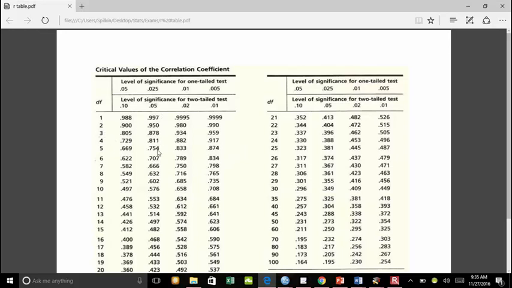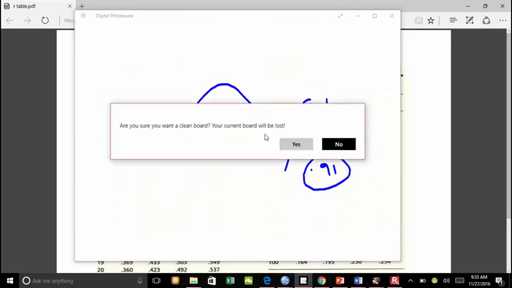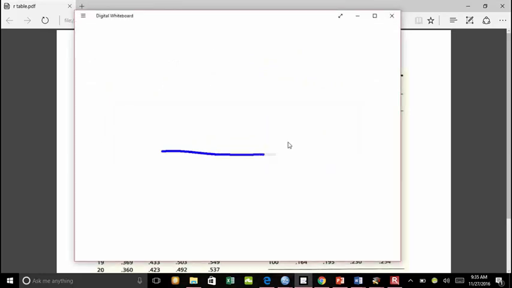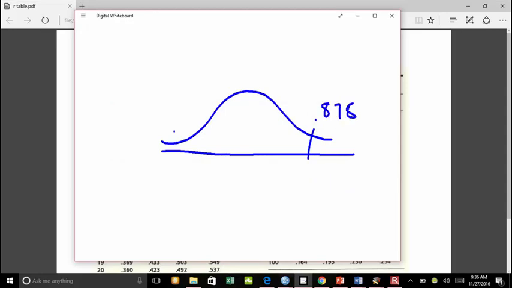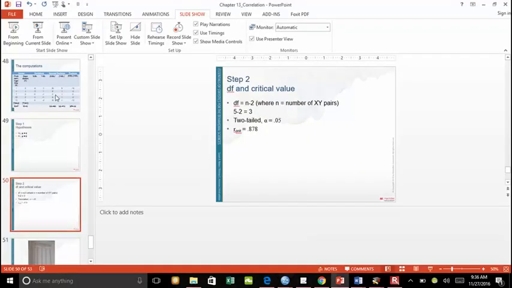That's why these are so high. Okay, so 0.878. So we've got 0.878 over here, negative 0.878 over here, and we need our correlation coefficient to be beyond that.